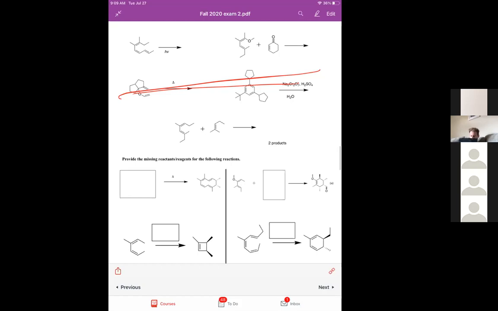So really what we're looking for on this first one is this stereochemistry here. There's really only two answers for this that are logical.